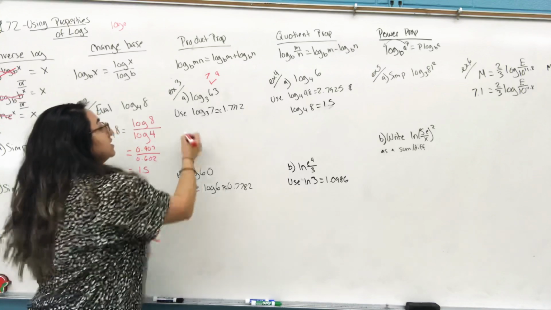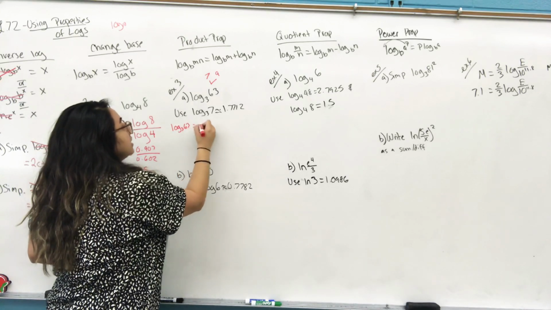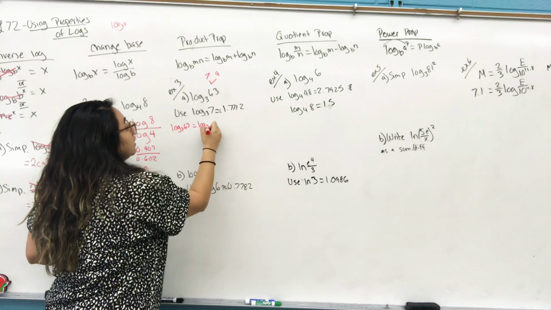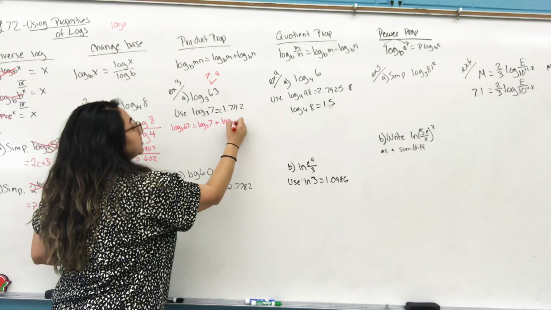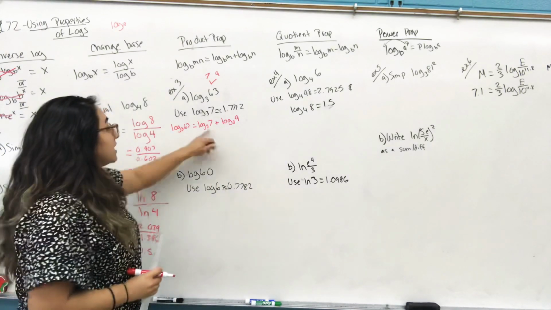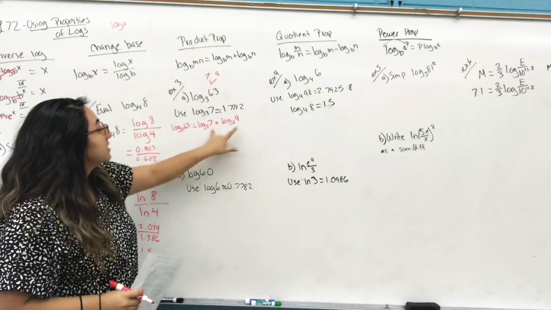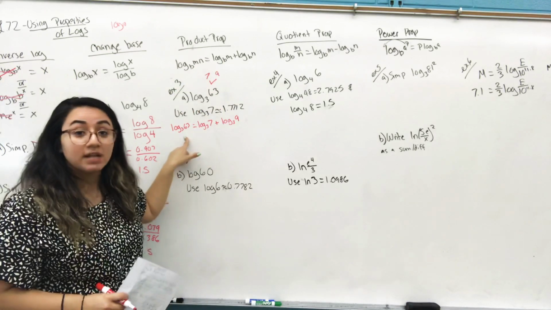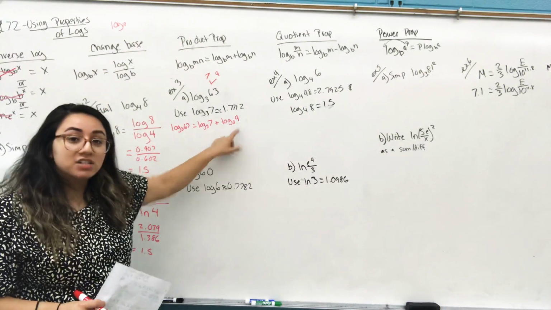So here, the log base 3 of 63 is equal to log base 3 of 7 plus log base 3 of 9. So now, if they're adding, that means they're actually multiplying, so it's 7 times 9, and that gives you your 63. But if you look here, they have the base of 3.